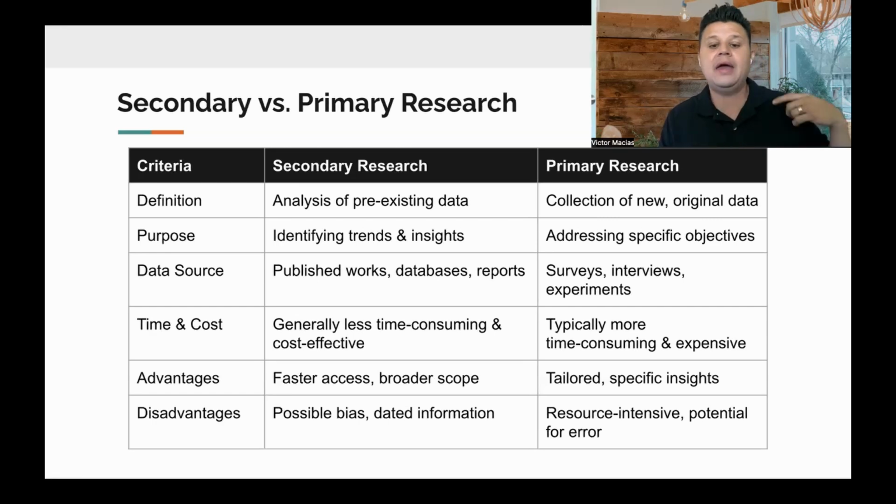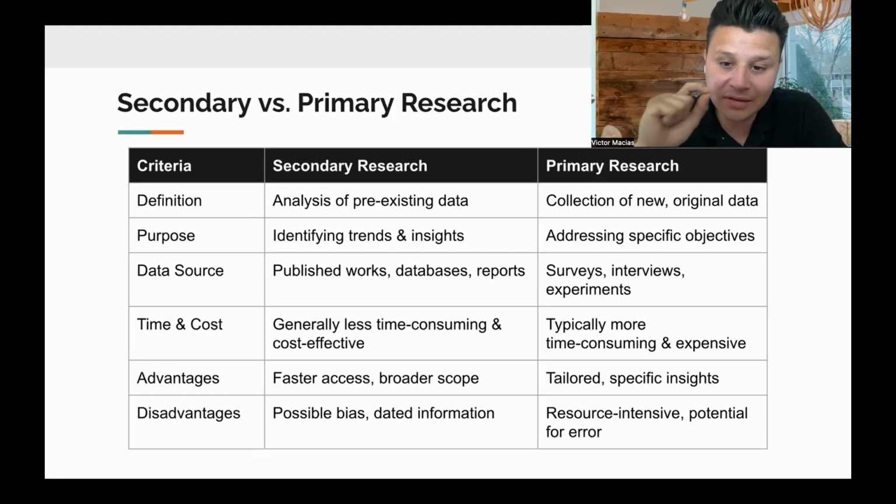I interviewed them and I recorded and I transcribed, and I got a lot of data, but it took time. There's tailored and specific insights, and it's more resource intensive, but it is also the research that the least amount of companies do. So if you're willing to do the work, you get benefits that other companies don't get.